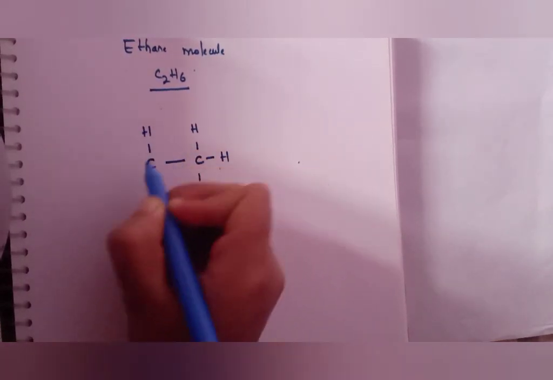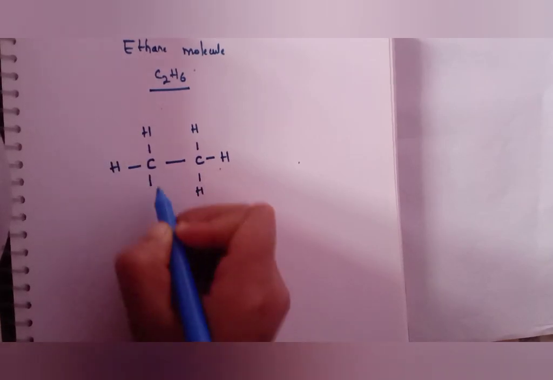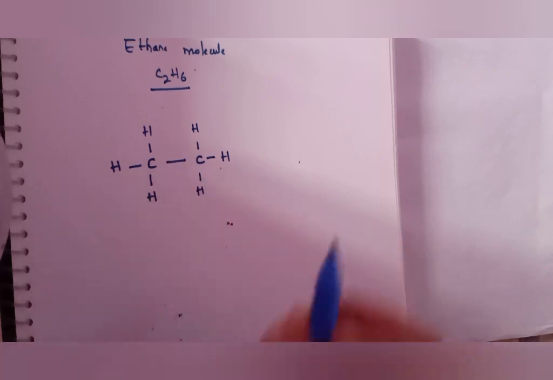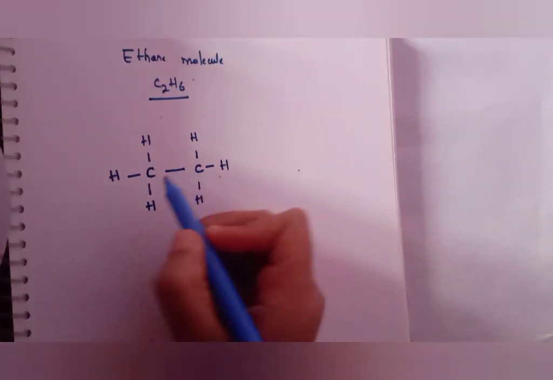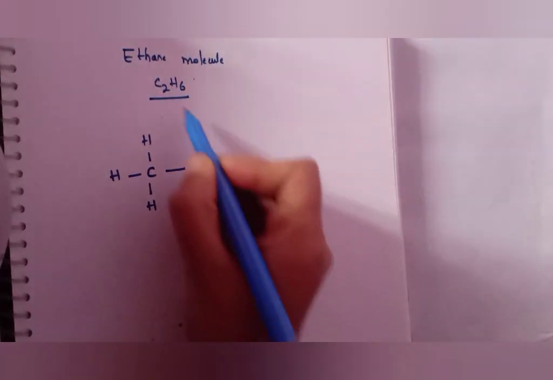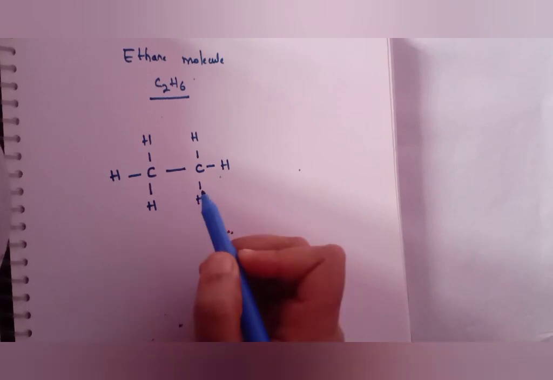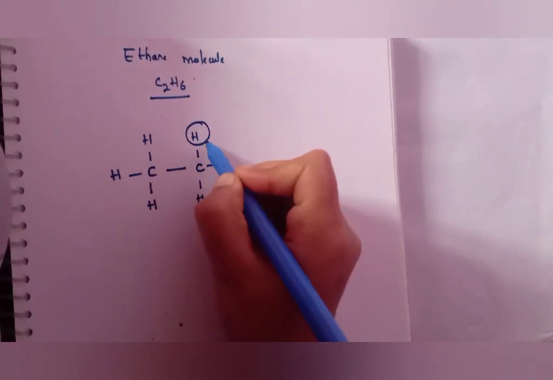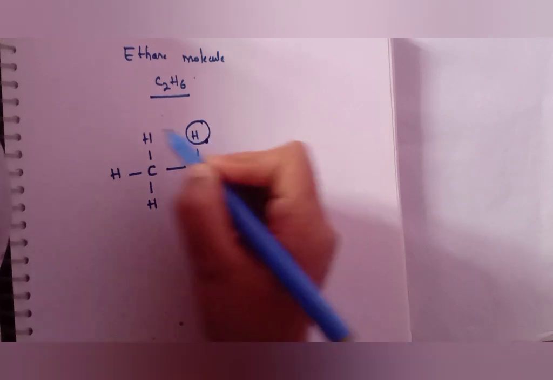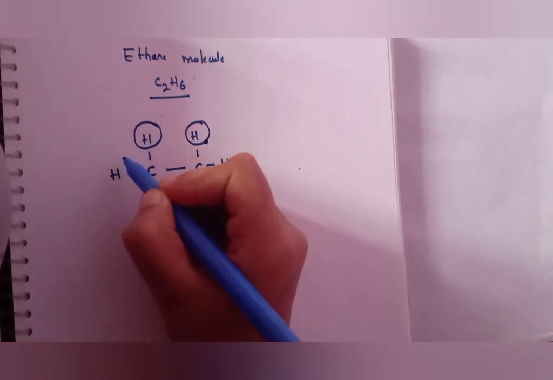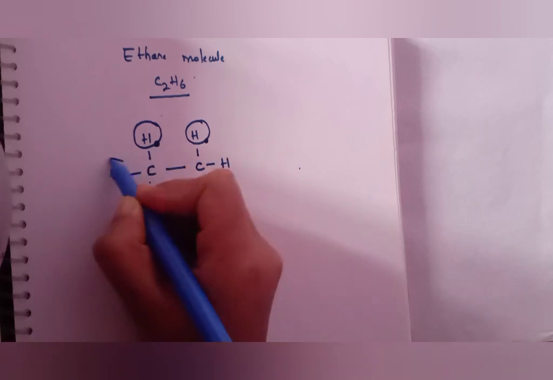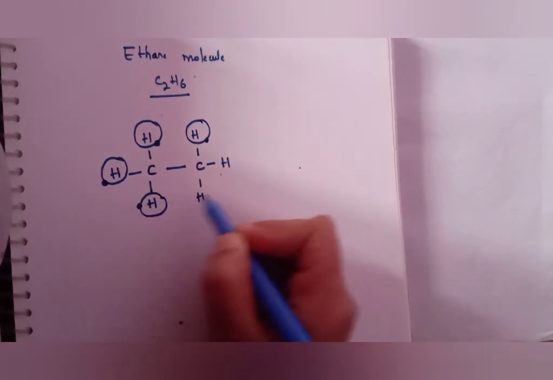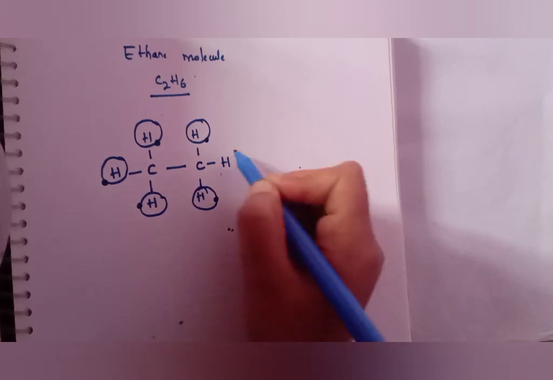We came to know that carbon is tetravalent. That means it should have 4 bonds. So here is a carbon, here is a carbon, and these are the hydrogens. Now this hydrogen has a single electron, and this hydrogen also has a single electron. Like this, all the hydrogens have a single electron.